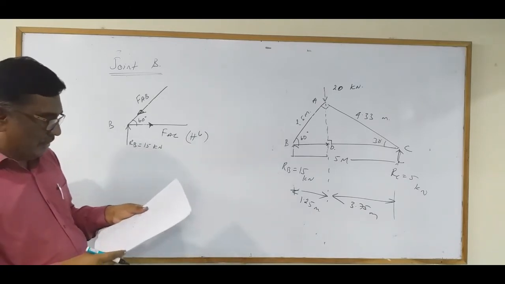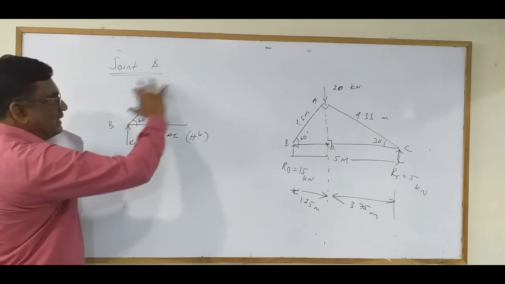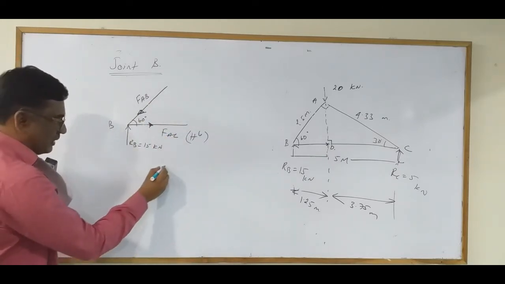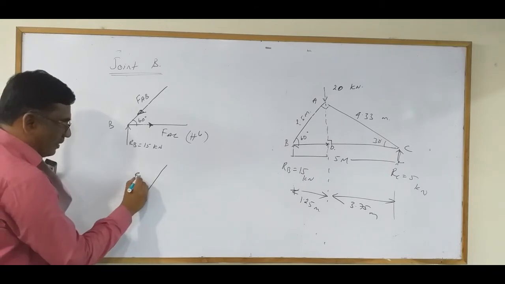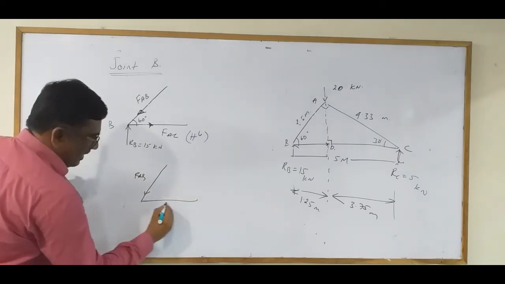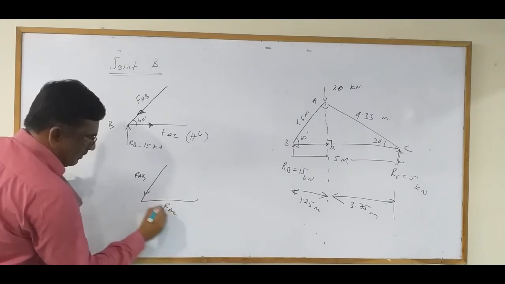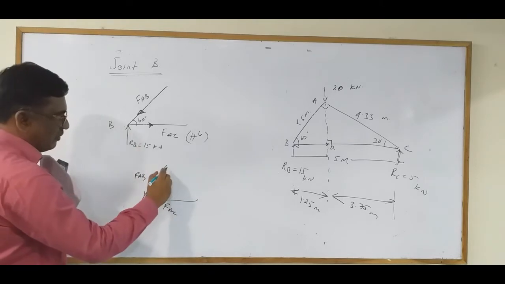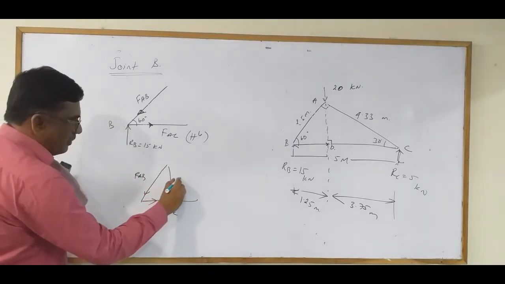It is not a problem. Now we have marked the directions. Now rearrange the forces. So this is FAB, this is FAC. Now take this force here, this is RB.